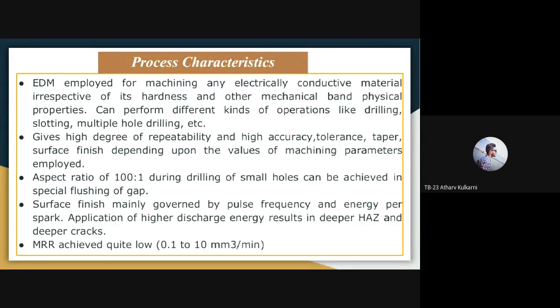The aspect ratio of 100 to 1 can be achieved during drilling of small holes using special flushing of the gap. And the important point is that the material removal rate achieved by this process is quite low, that is 0.1 to 10 cubic mm per minute.